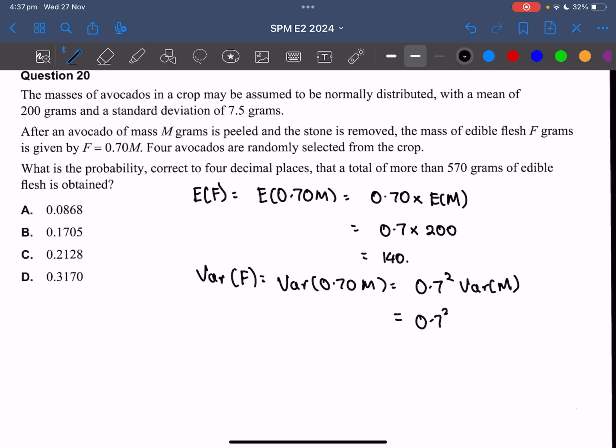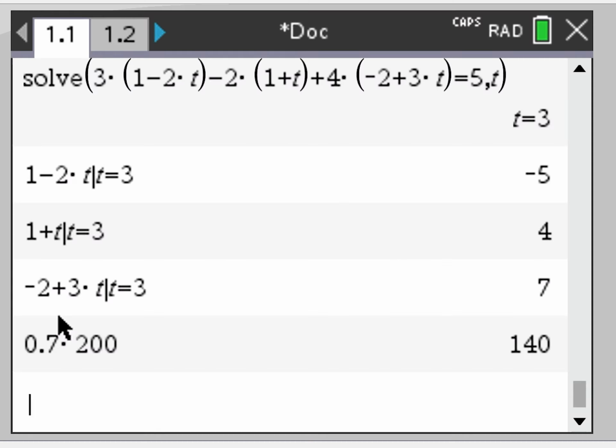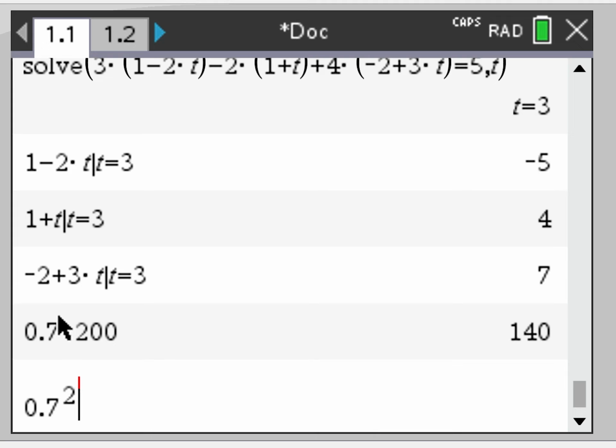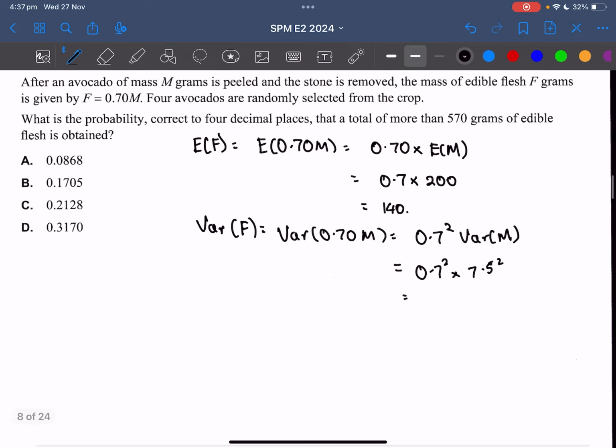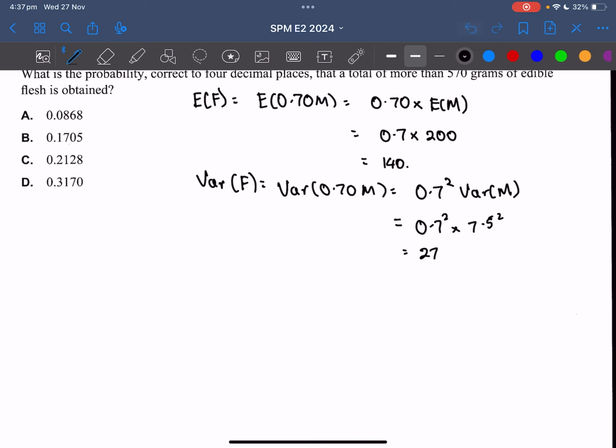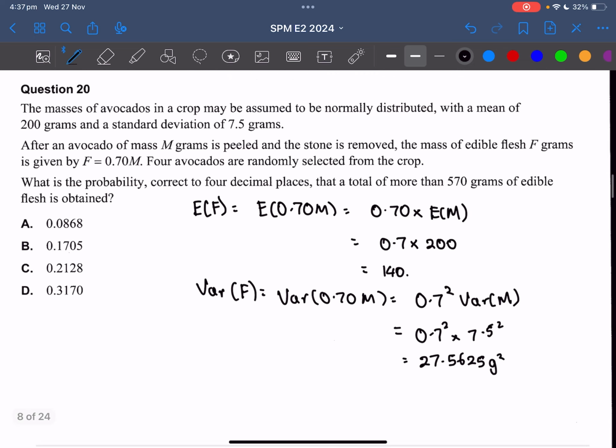So 0.7 squared times 7.5 squared. Let's do it on CAS. Okay, so we get 27.5625 grams squared.